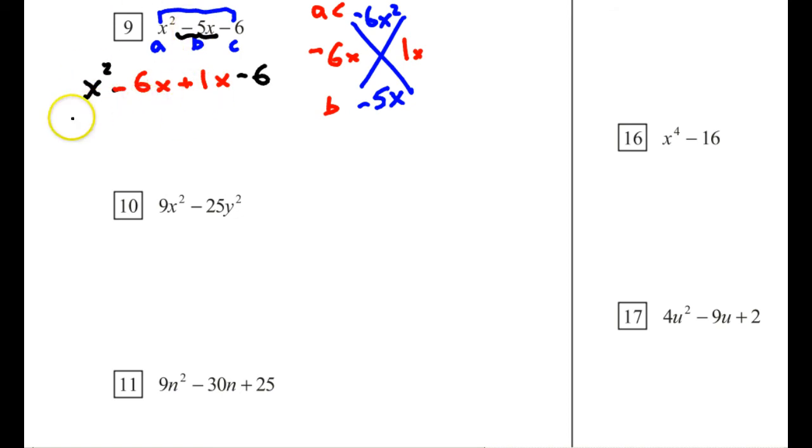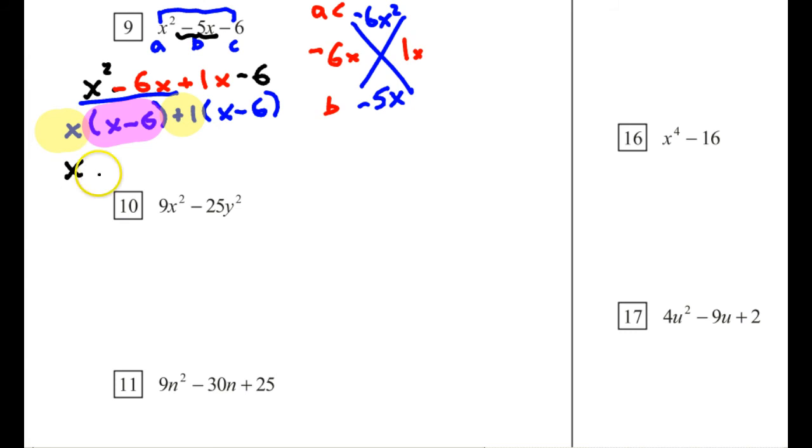And factor the first two here, and we'll get just an x to come out. And here, nothing in common, so we'll just use the 1. So our answer will be x plus 1 times x minus 6.